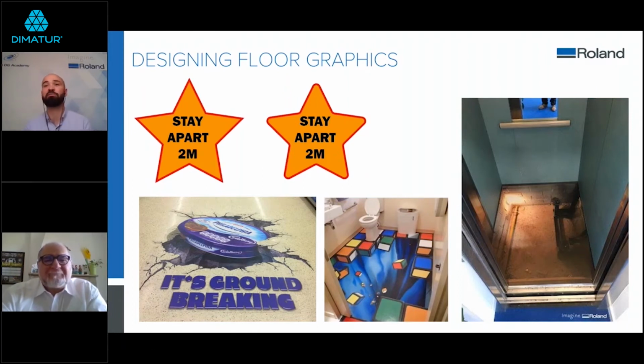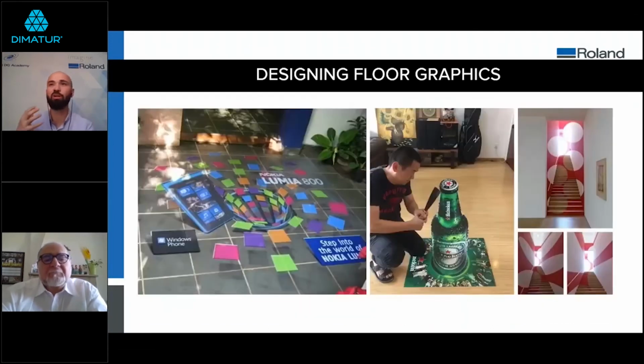The graphic on the right there is actually the elevator, the lift at the Roland offices, where we've put an illusion to make it look like the floor of the lift is missing. So just a few ideas for you. The standard 2D graphics are probably very easy to produce and a little bit more standard, but there's a lot more that you can do when it comes to your graphics.